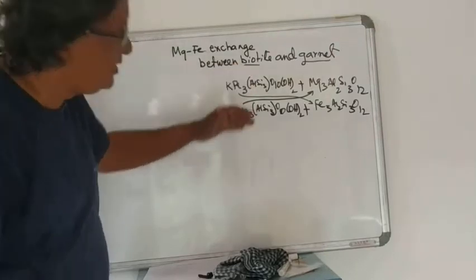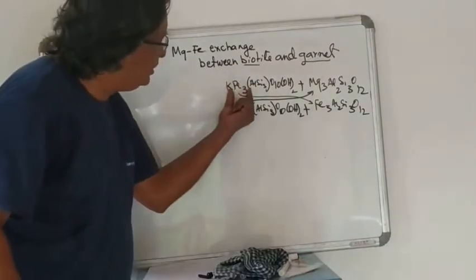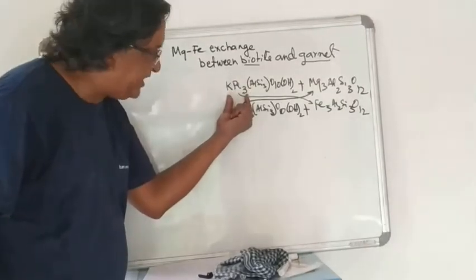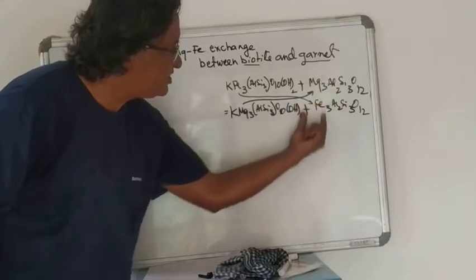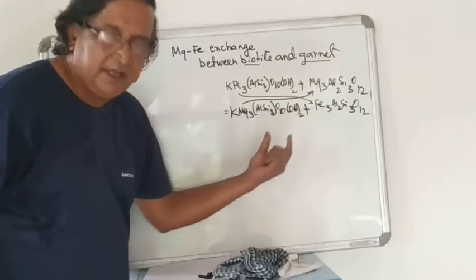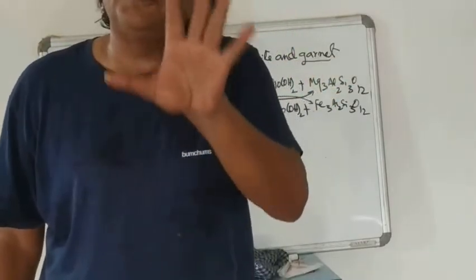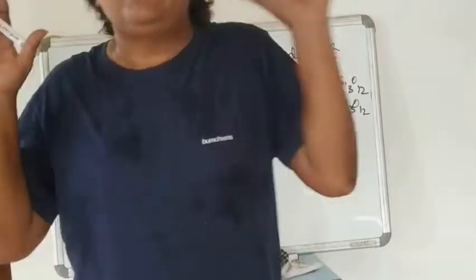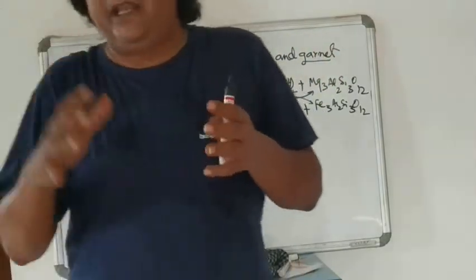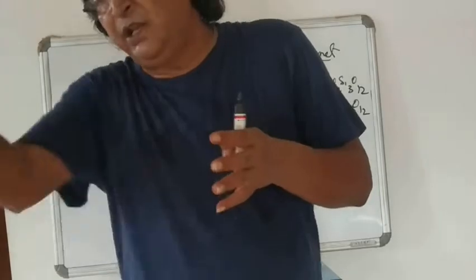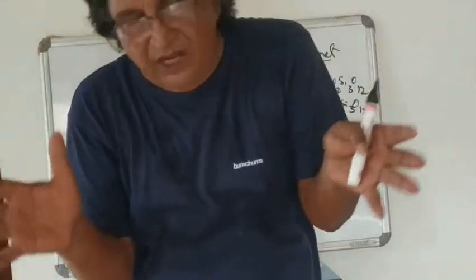Here, we consider, for simplicity, that all the 3 sites in biotite where mixing occurs, and all the 3 sites in which mixing occurs between magnesium and iron in garnet, are the same. So the 3 octahedral positions have the same characteristics. So there is no size-based partitioning of the elements into the sites, because all 3 sites are essentially the same.